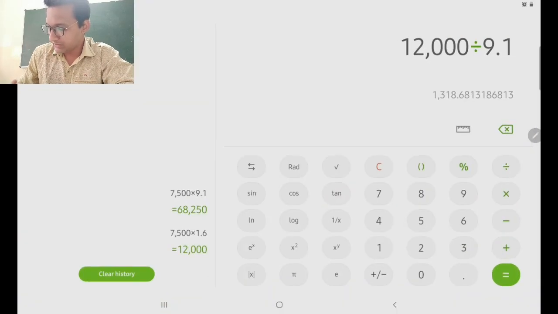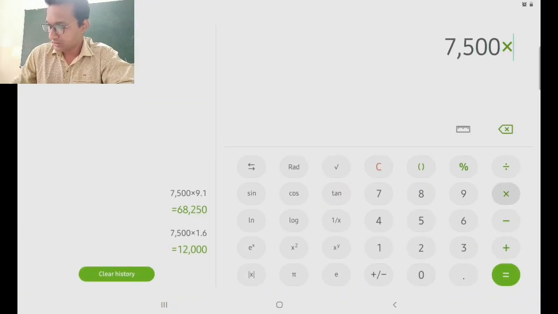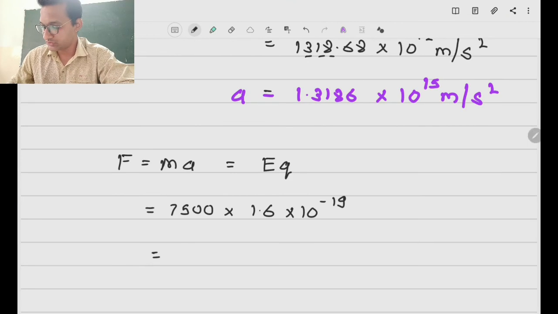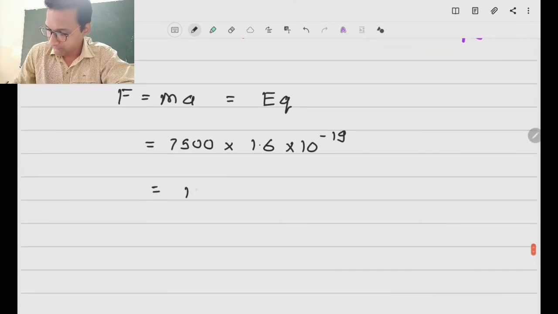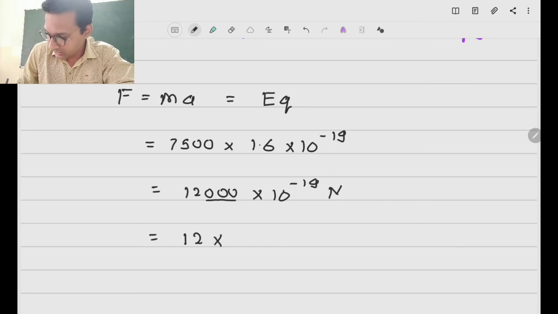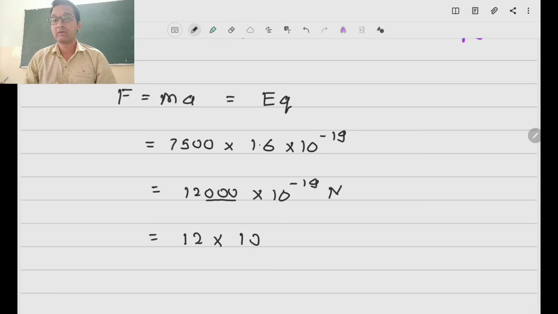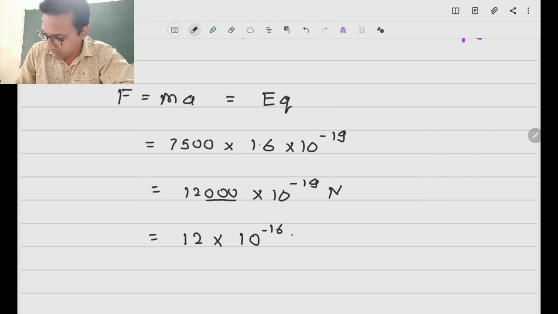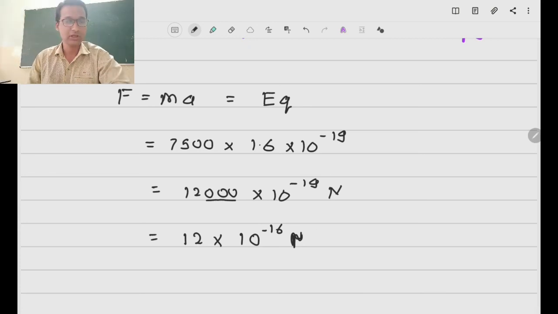So let us multiply this. 7500 into 1.6, that will be 12,000. 12,000 into 10 raised to minus 19. This will be in newtons. We can remove this 3 and write it as 12. The power will now decrease by 3, that means we'll get 10 raised to minus 16 newtons. This will be the force on that electron.